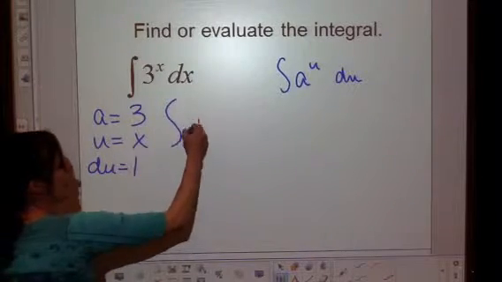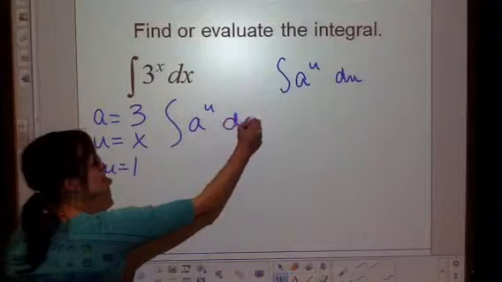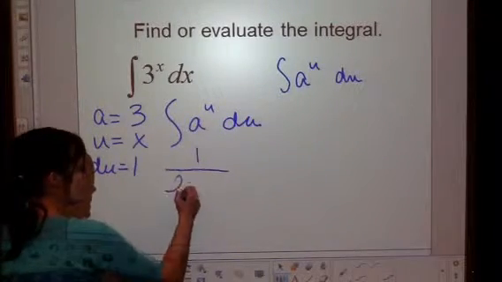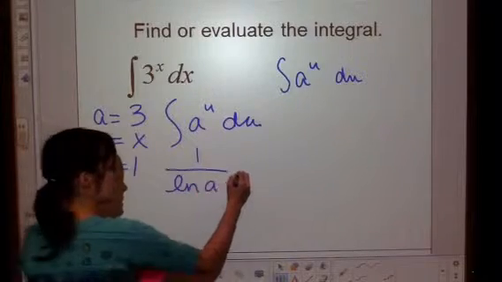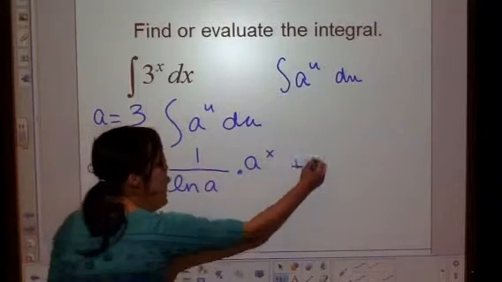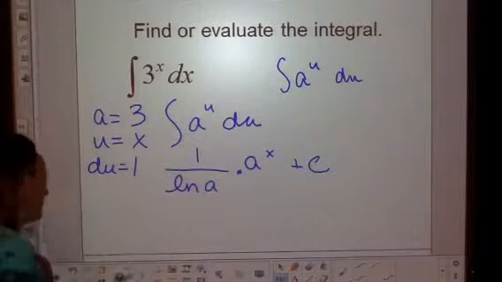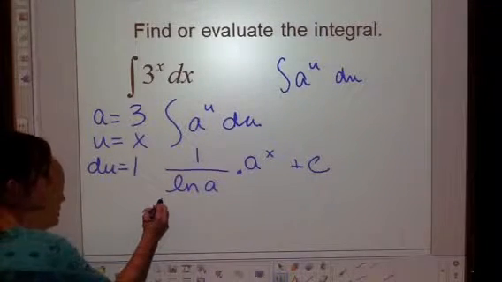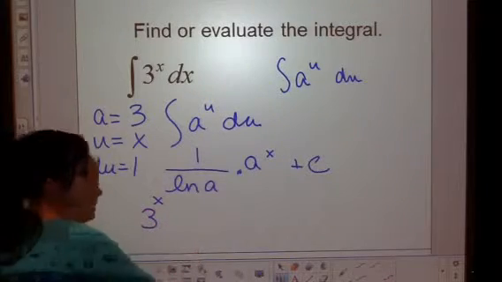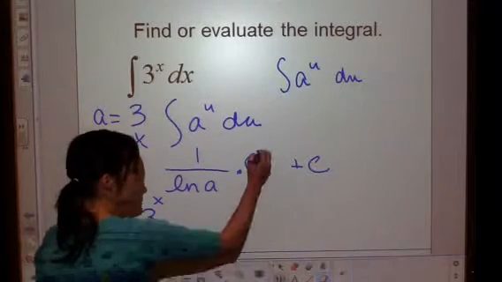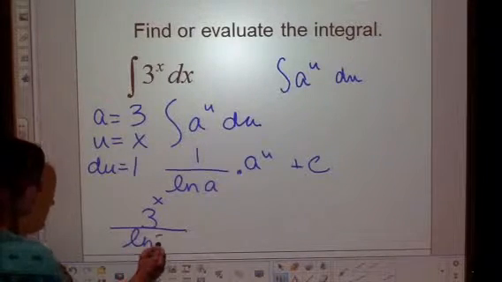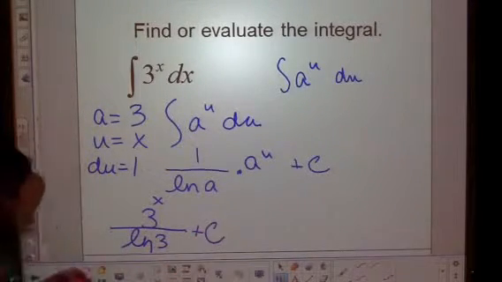So we have a to the u du. Its antiderivative is 1 over ln a times a to the x plus c, which the a to the x can go on the top. So I'm going to put a to the x on top. So I have 3 to the x, and I shouldn't say x, it should say u there, excuse me, u, over ln a plus c, and you're done.